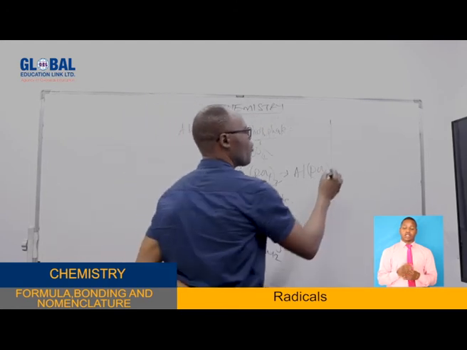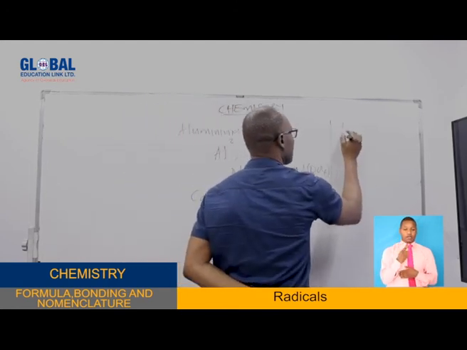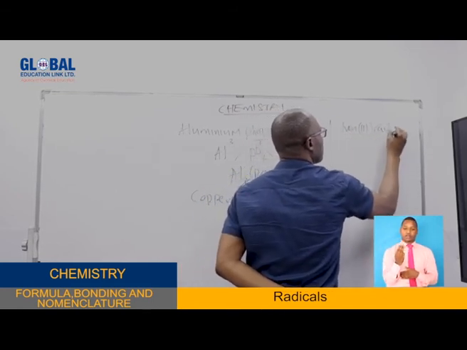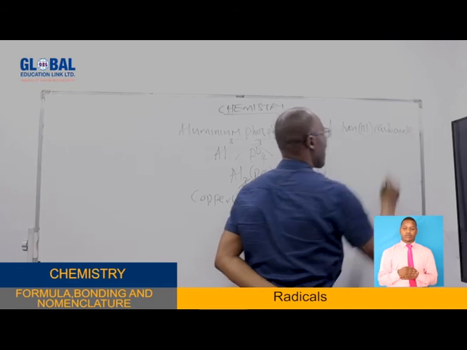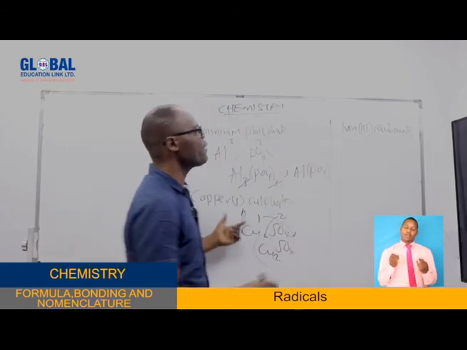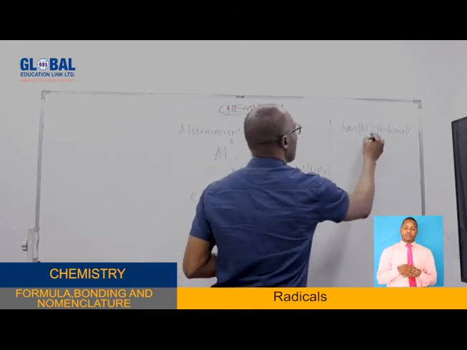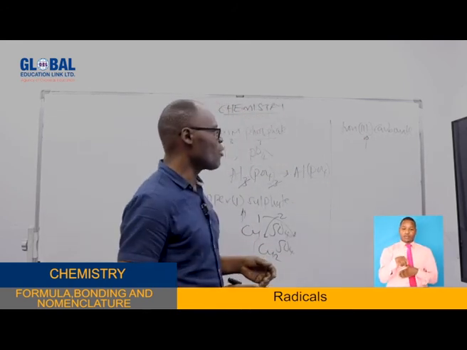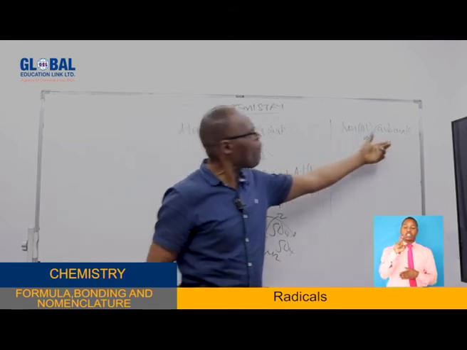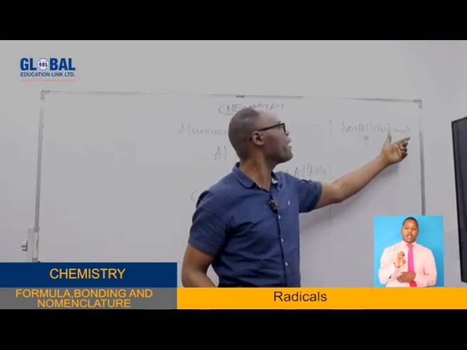Then you also have part C, we have iron 3 carbonate. Just like in copper 1 sulfate, we have a bracket with a Roman numeral value, which means this is the oxidation state of iron. Our carbonate is a normal radical with a valency of 2.